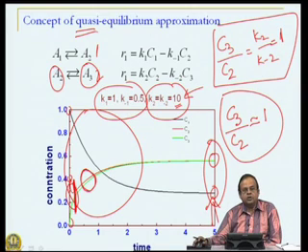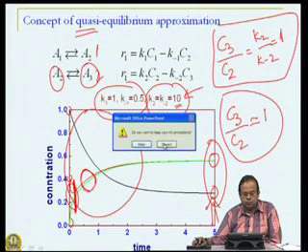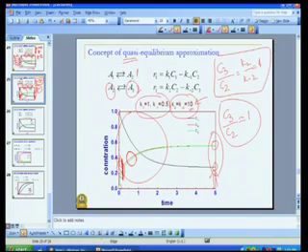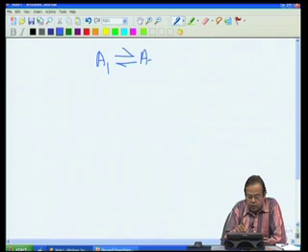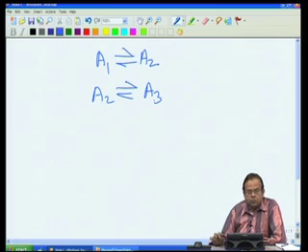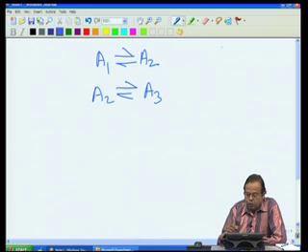So, what happens if you have quasi equilibrium approximation? Now, let me go back to this reaction and write it. Let us say we have A1 going to A2, okay, and A2 going to A3. Now, I am going to slightly make a deviation. I am going to say that my main reactant is A1.